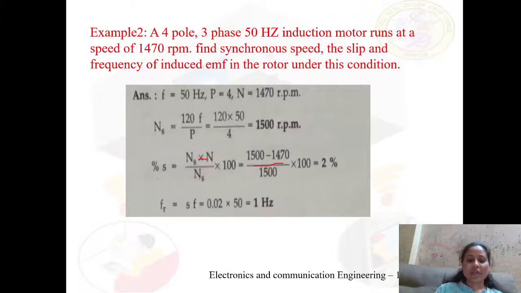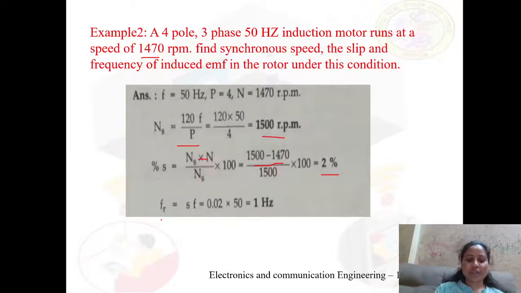So in order to calculate, we'll find the Ns first using the 120f by P equation, and we know the value of f and the P here, 1500 rpm. So the slip can be calculated using 1500 as Ns, and they have given the speed of motor as 1470 rpm, which we have substituted here, and the percentage slip is 2%.